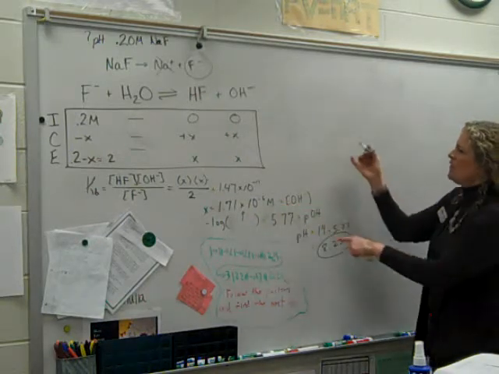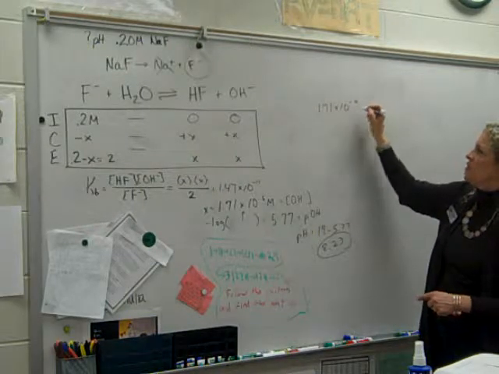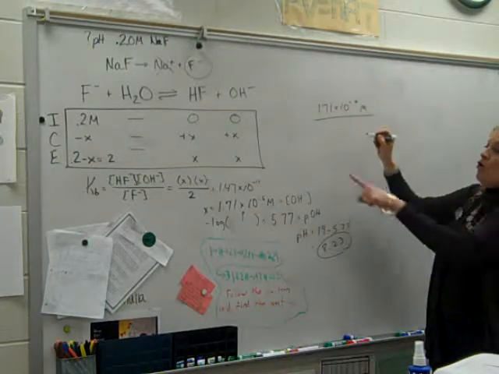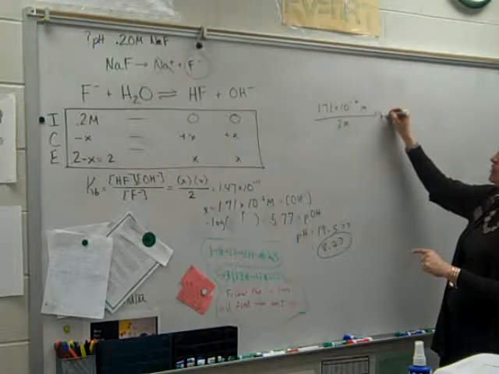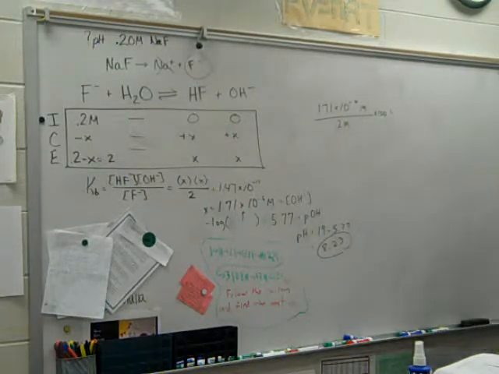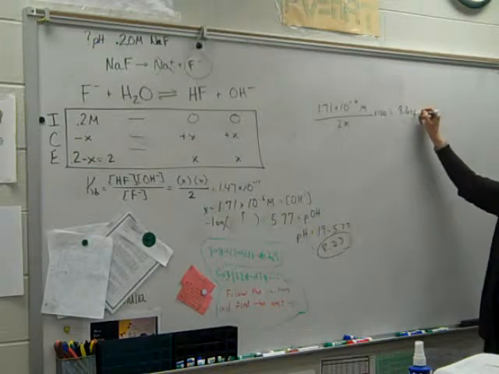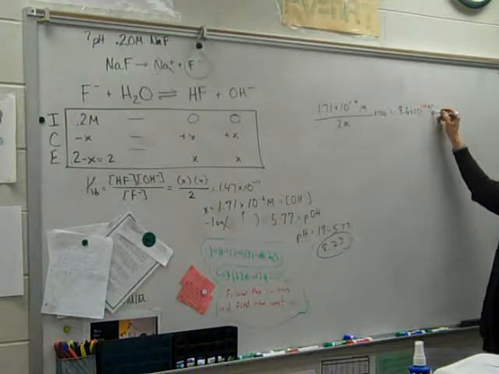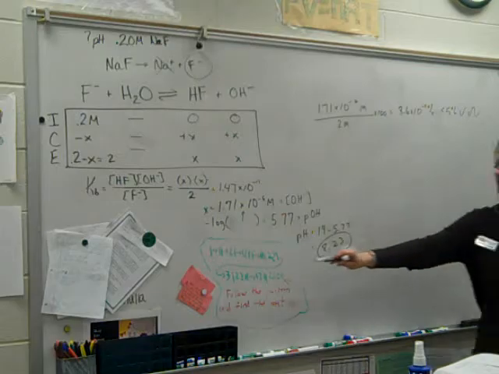We just take our x value, 1.71 times 10 to the negative 6, over the 0.2 that we ignored it with respect to, and we're going to get a number way lower. We get 8.6 times 10 to the negative 4 percent, which is way lower than 5 percent. So we were okay to ignore it.